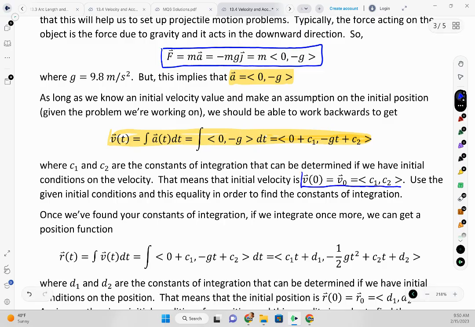So we have this right here for an initial velocity, but if given an initial speed, so that would be the magnitude of the velocity, then the initial velocity would be this initial speed times a vector with components cosine of theta, sine of theta.